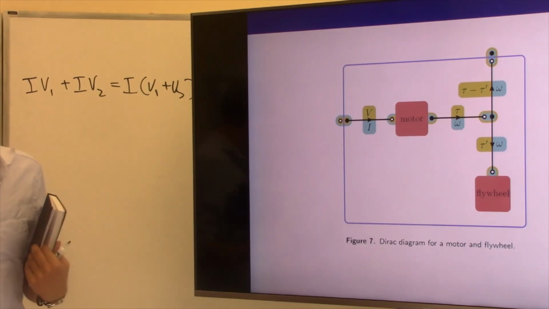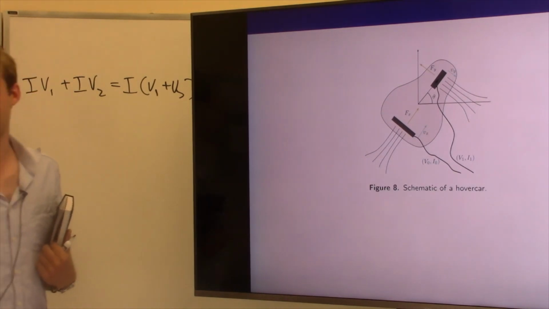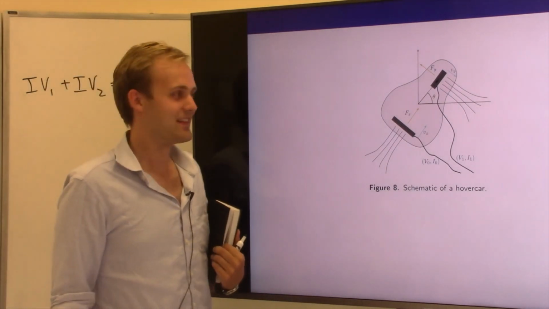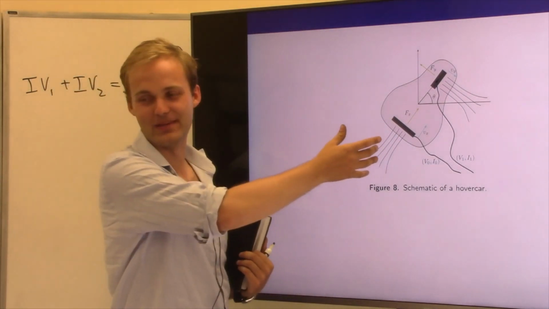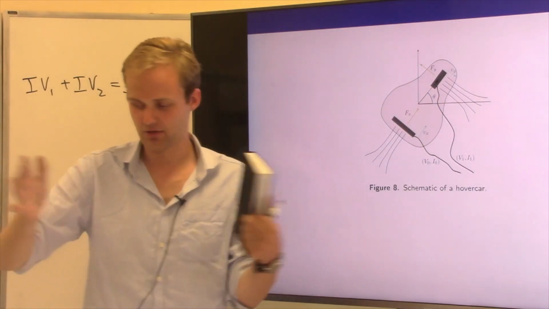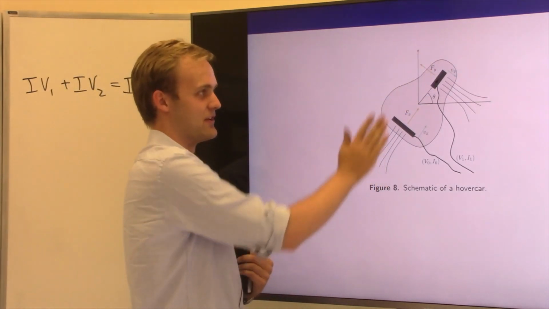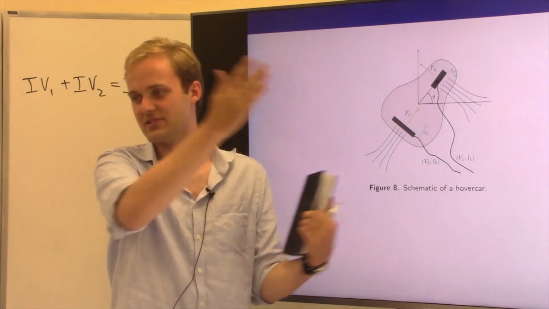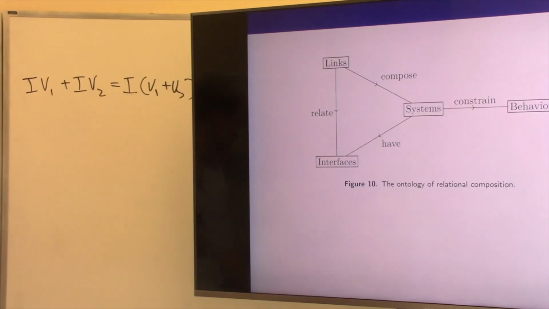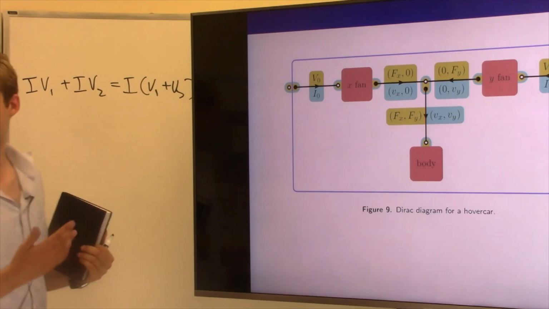Okay, I'm going to give a couple examples, and then we're going to move to philosophy. So here is another example. As you can tell, I'm not a mechanical engineer, but this is what I think a hover car might be. The hover car has some mass, and it's going in a direction, and then you have two fans on it. This fan blows it forward and back, and this fan turns it. And you can represent this, again, with this Dirac diagram.